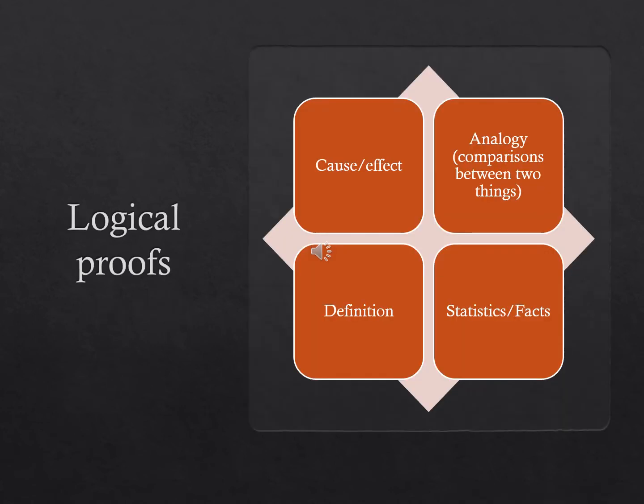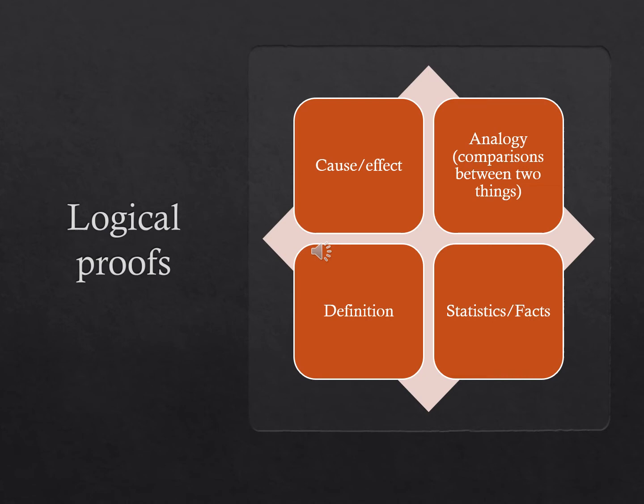This is just a little interim slide to introduce you to the four kinds of logical proofs that I'm going to discuss a little bit: cause and effect, analogy, which is comparison between two things, definition, and statistics and facts. There are certainly other logical proofs, but most all of them are subsidiaries of these four. That is, they fall underneath the category of these four.